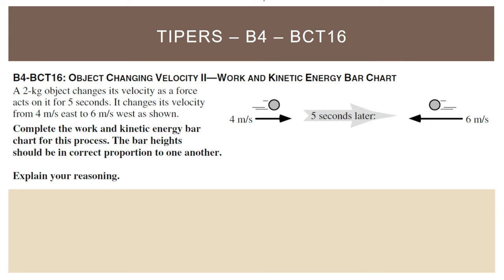Whether it seems like it or not, the way that this changes the chart and the whole way we think about the problem is rather straightforward. It should be obvious to everybody that this object initially is moving east and thus has a positive initial velocity, and it's now moving west, and so it has a negative final velocity.